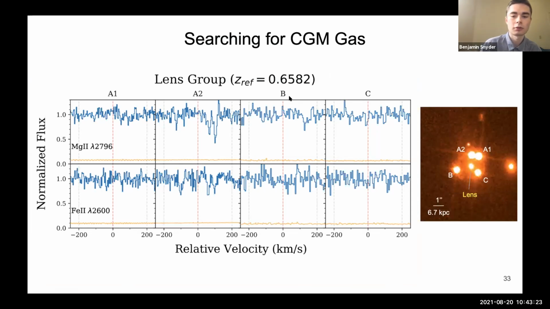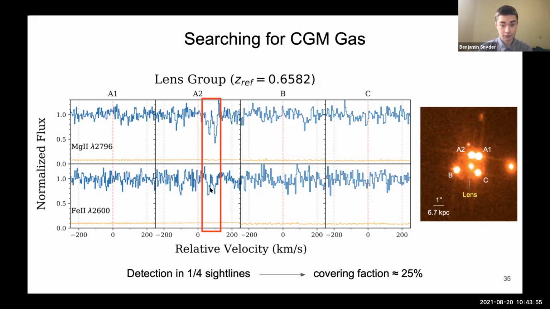The columns here correspond to the 4 sight lines of the quasar labeled on the right, and the rows correspond to a couple different species that we're looking at. Here, for the lens system, we found absorption along the A2 sight line only. You can see those dips here, and the two separate dips just correspond to 2 different gas clouds along this line of sight.